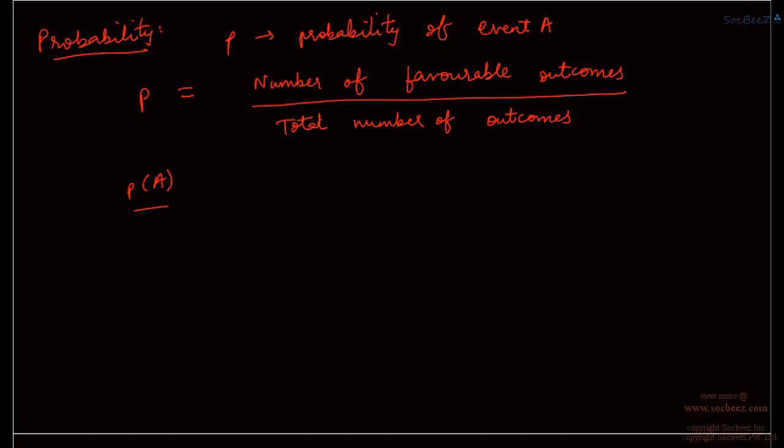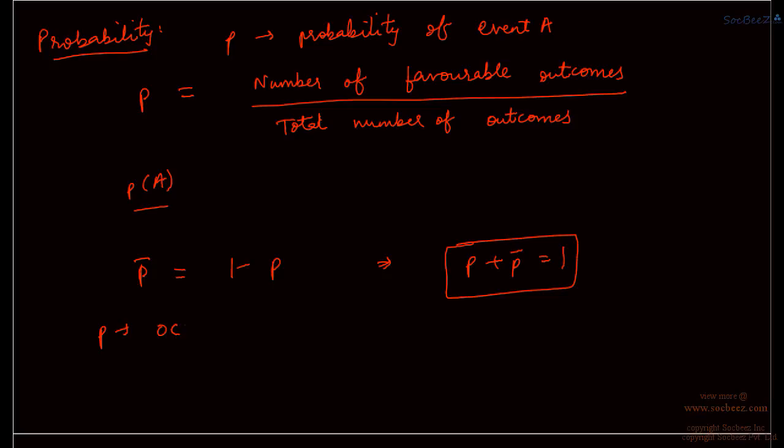for the experiment. Okay. Now, if P is denoted by this, obviously the non-favorable outcomes and the ratio of that to the total number of outcomes is denoted by P bar. Okay. And this is written as 1 minus P. Or you have P plus P bar is equal to 1. Okay.